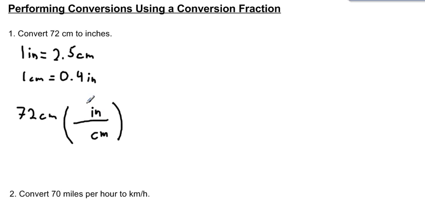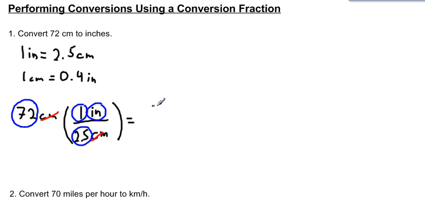And then we're going to use our conversion equivalencies here to find that 1 inch, so put that on the top, is about the same as 2.5 centimeters. When we multiply these out, the centimeters are going to end up canceling. And so what we're going to have left is 72 times 1 divided by 2.5 will be my answer in inches.